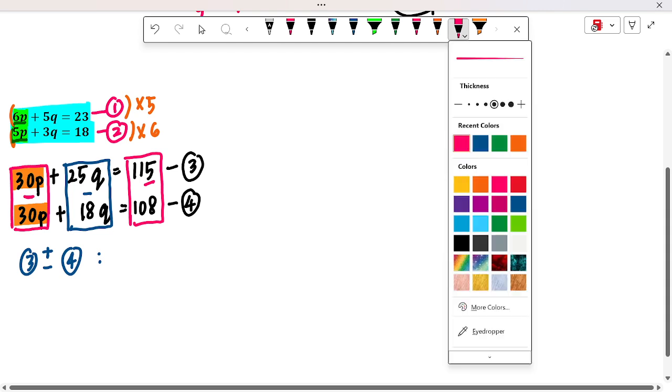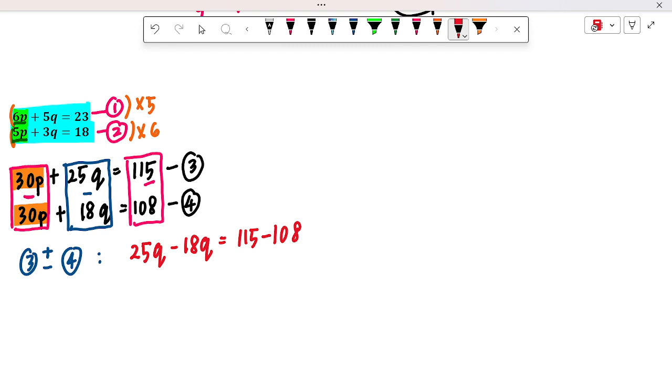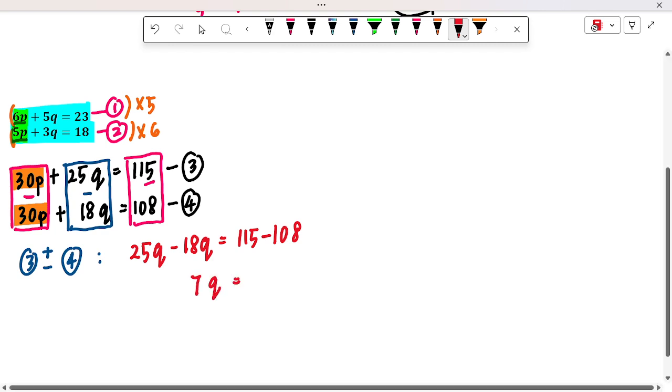Okay, so now you can write in equation form, which will be 25q minus 18q equivalent to 115 minus 108. So 25q minus 18q will give you 7q, and 115 minus 108 will give you 7 as well.